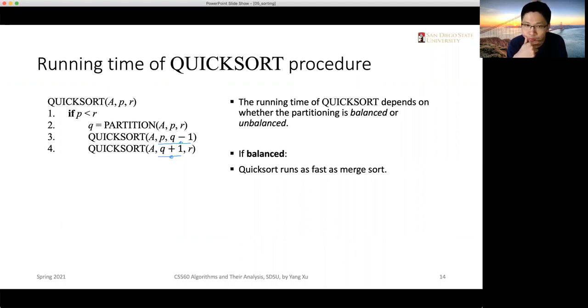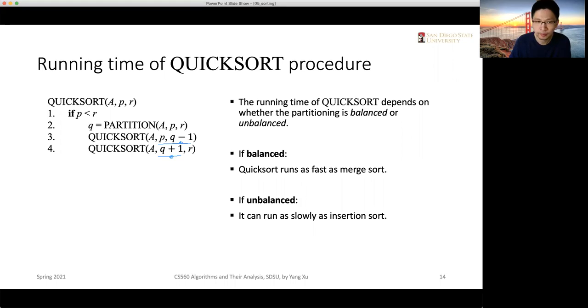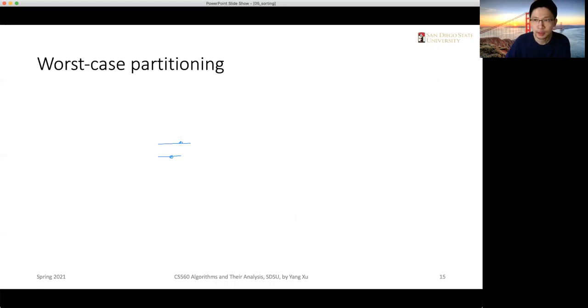We prefer a balanced output, and in the later slides we will see why, because a balanced partition results in better running time efficiency for quicksort. If it's extremely unbalanced, in the most extreme case, then quicksort can be as slow as insertion sort.